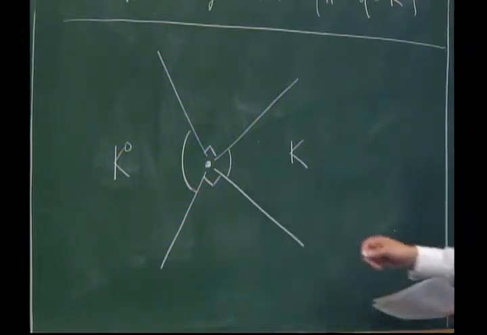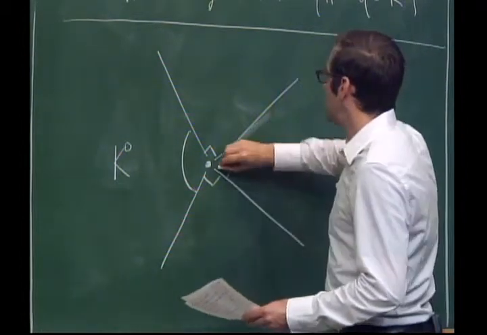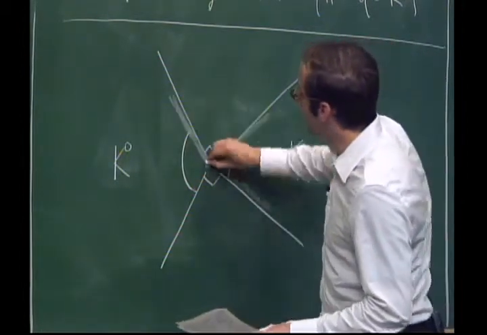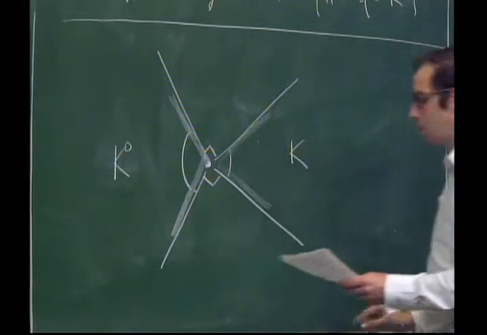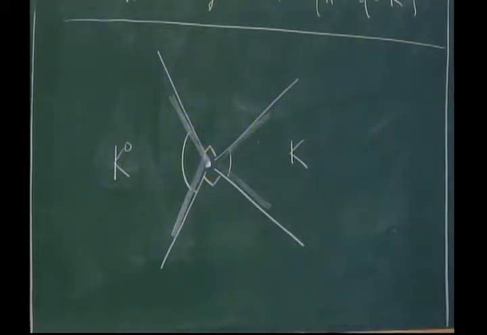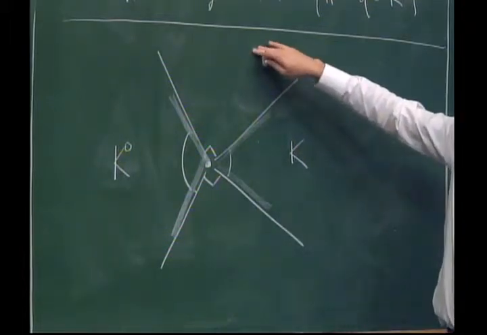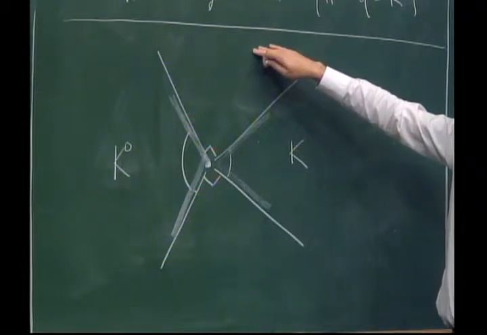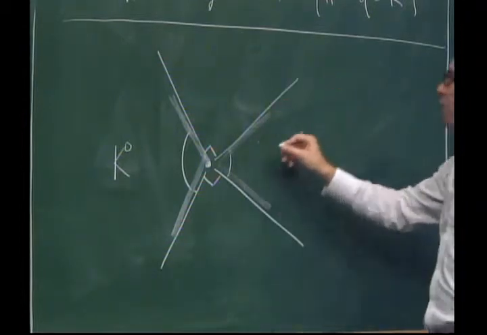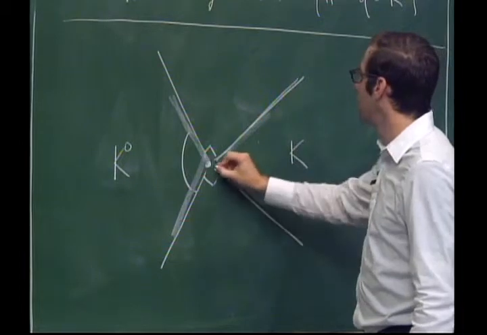Okay, so K extends this direction. The polar is the cone extending this direction. And these numbers, Vj, tell us what proportion of space is closest to the faces of the cone K.